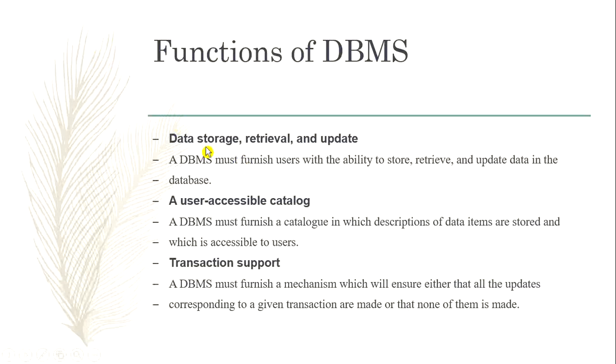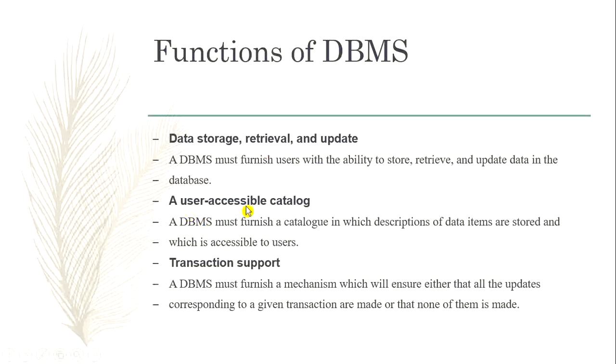So the first function of a database management system is data storage, retrieval and update. A DBMS must furnish users with the ability to store, retrieve and update data in the database. This is the most important functionality of a database management system as it allows us to store, retrieve and update data in the database, which is the main reason why we use a DBMS.